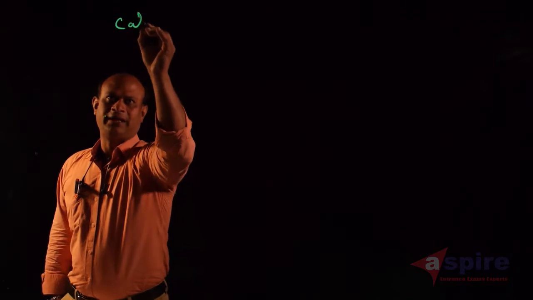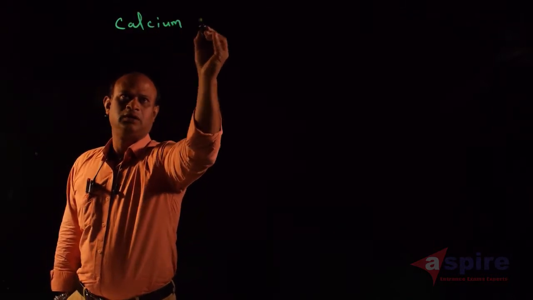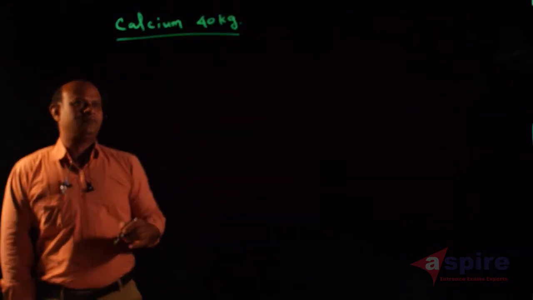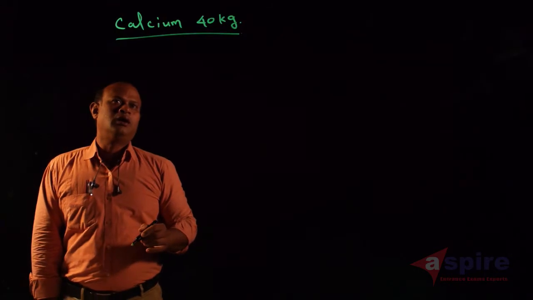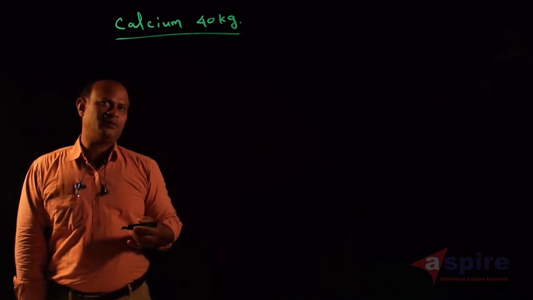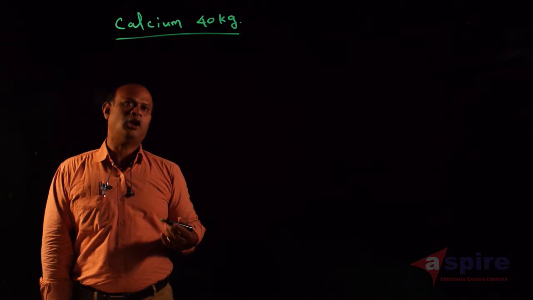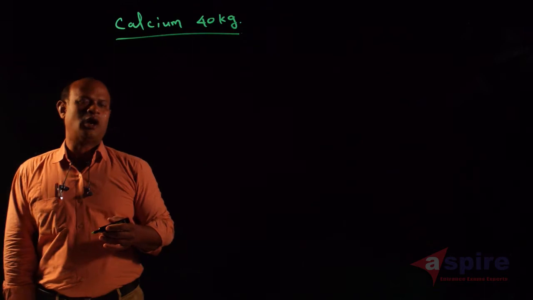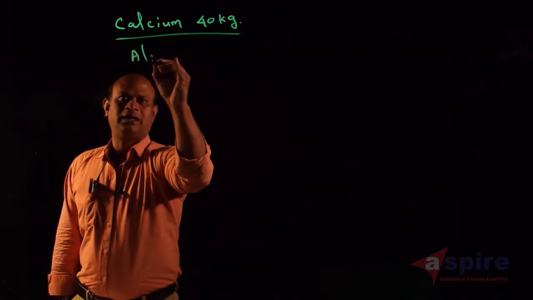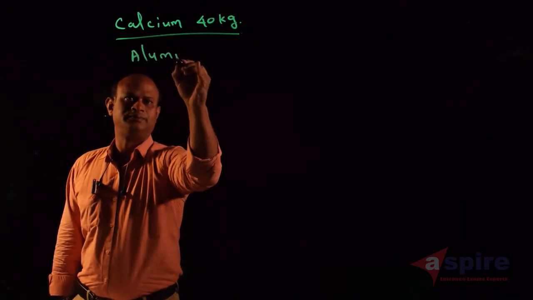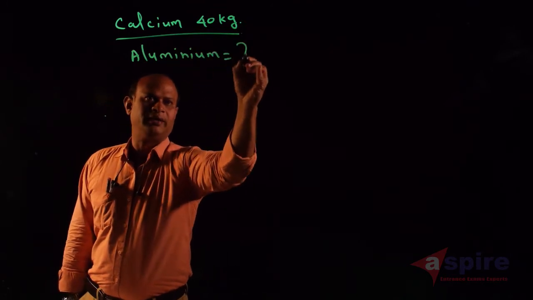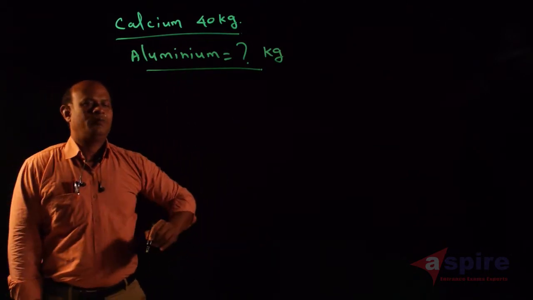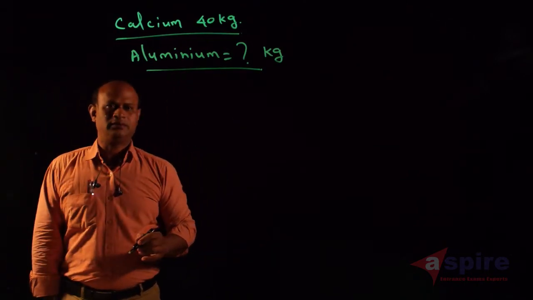They are preparing calcium, 40 gram, in a particular time period, but they are asking how much aluminum, in terms of kilograms, can be prepared with the same amount of current passed. How to calculate the quantity of aluminum?